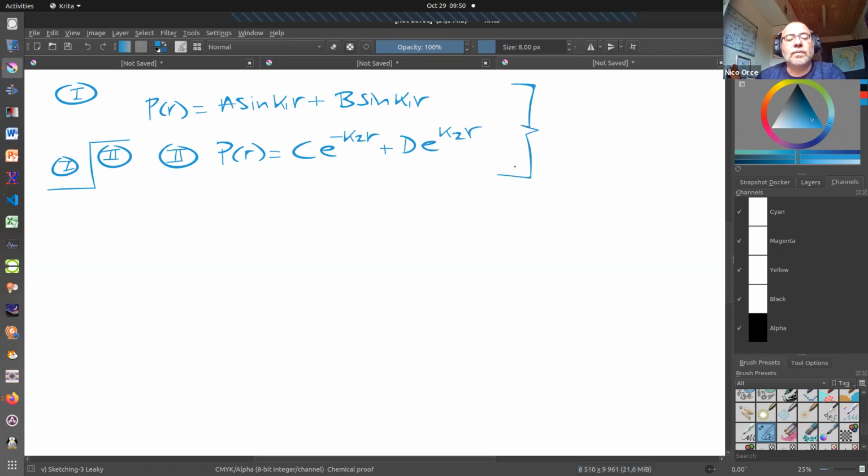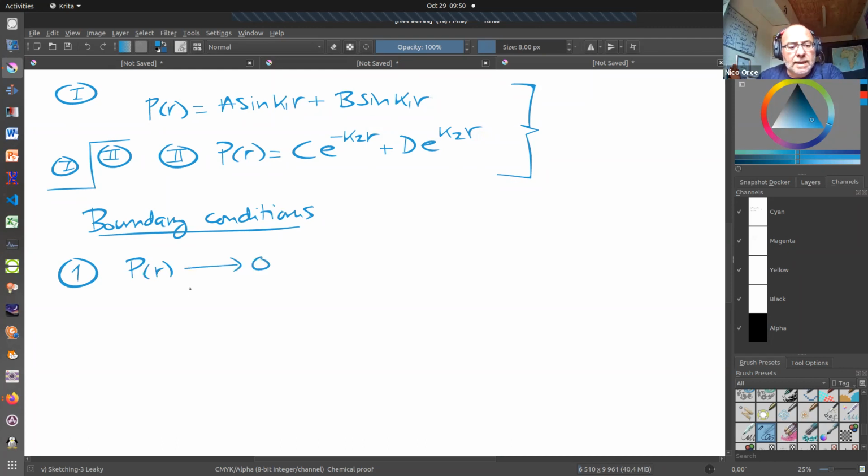So we have these two functions, and we are going to use boundary conditions that will help us solve for the wave function. So we have one boundary condition that P(r) goes to 0 as r goes to infinity.